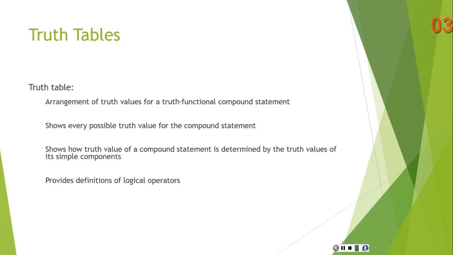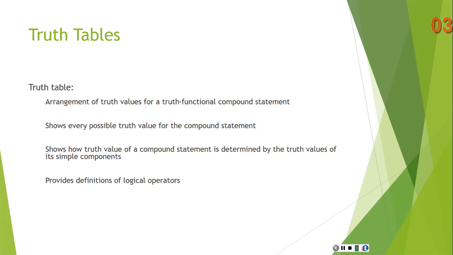A truth table shows how the truth value of a compound statement is determined by the truth values of its simple components. In truth tables, we are using truth functional compound statements, which I gave a lecture on. The truth of them is determined by the truth value of the statements within the compound statement, as well as the nature of the logical operators within it.